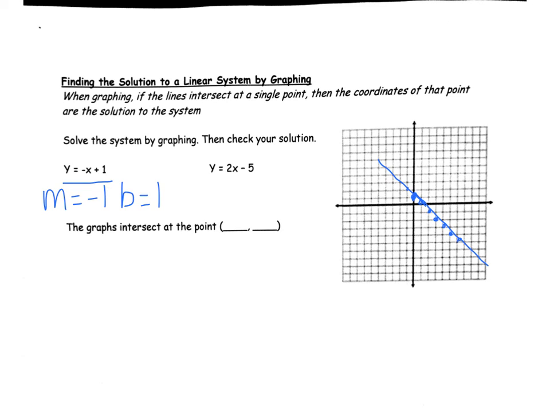My second equation is in slope-intercept form as well. My slope is 2 over 1. My y-intercept is negative 5. So I'd plot my point at negative 5. So I start here, and my slope is up 2 over 1.